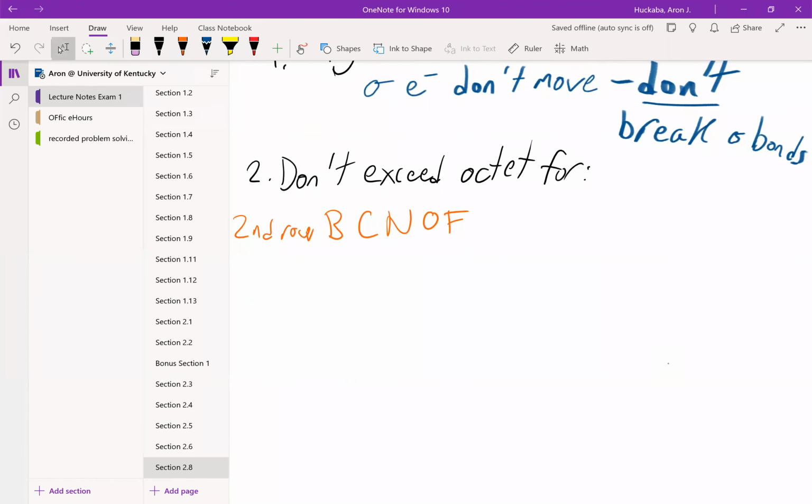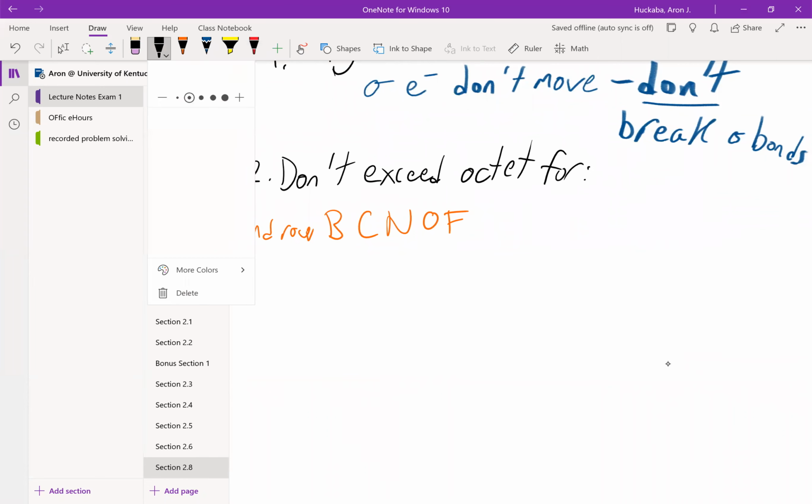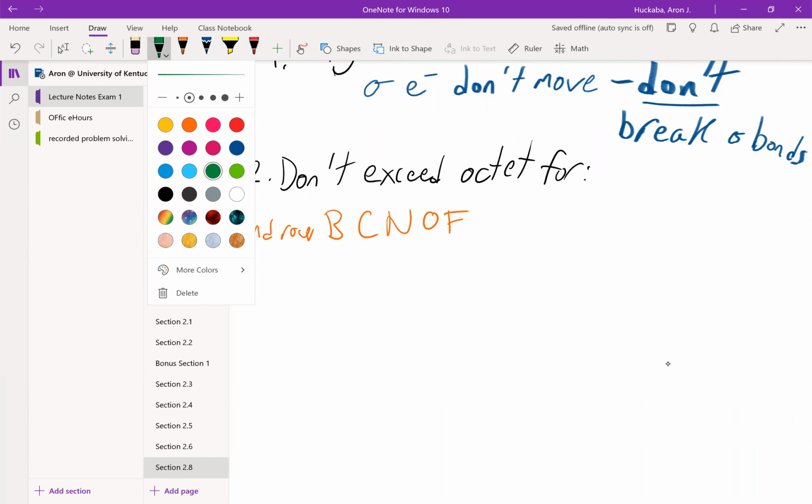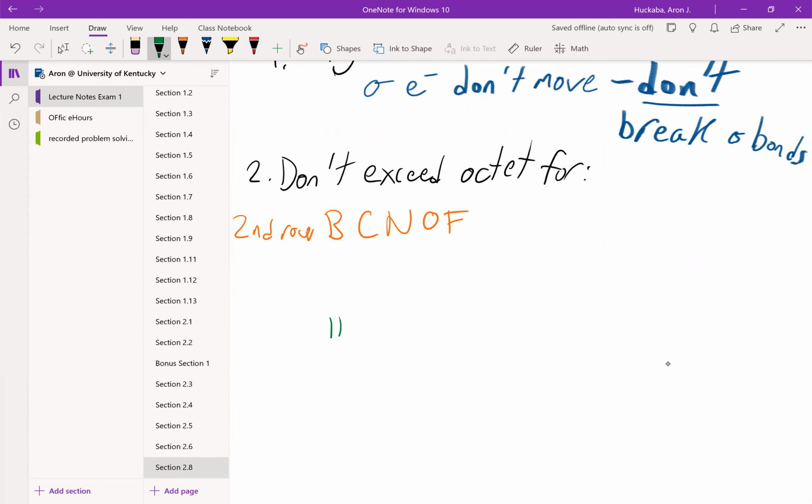Okay? What does a good resonance arrow look like? In general, we can say a good resonance arrow, we should do it in green, because green is like go, right? We have this carbon oxygen double bond.